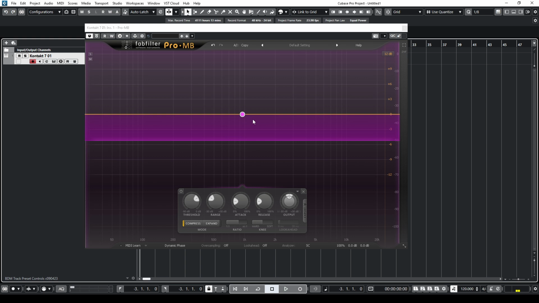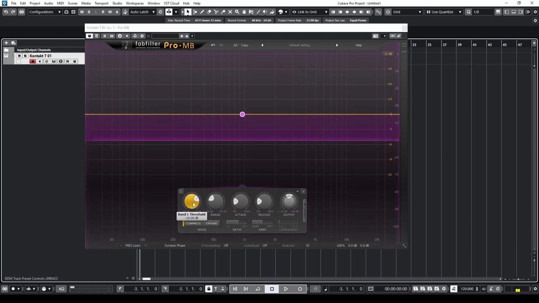It's set to compress, and downward compression is going to take the signal that exceeds the threshold, or goes above it, and move it down towards the threshold in that direction. It's going to say, get down there, stay in your place, kind of a thing, and control the signal that way. So essentially it's going to make louder parts quieter.